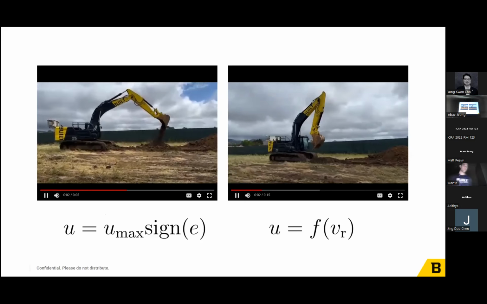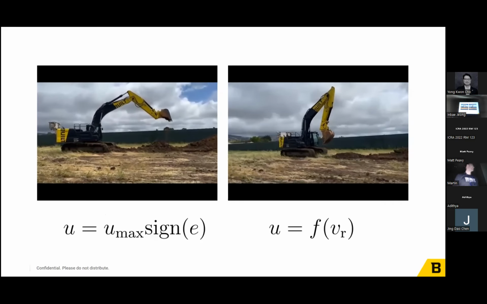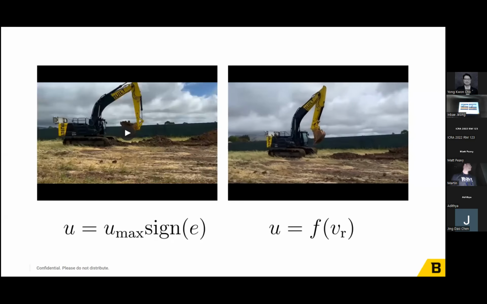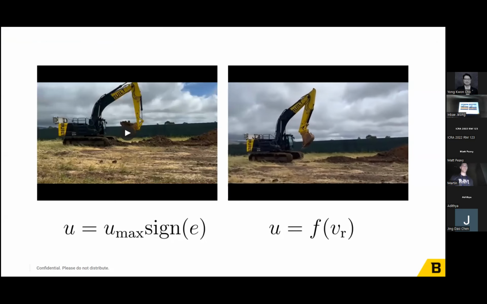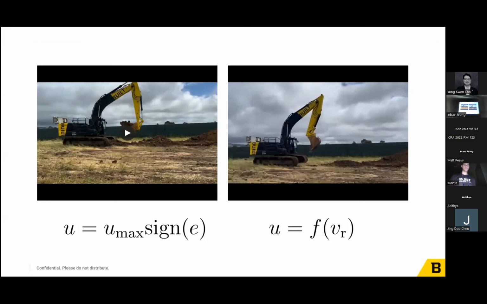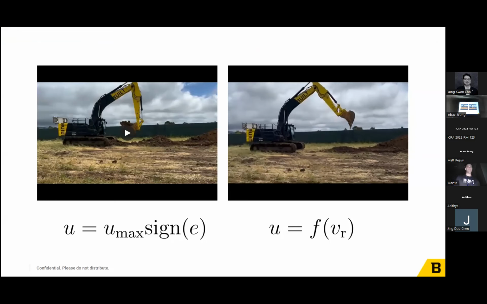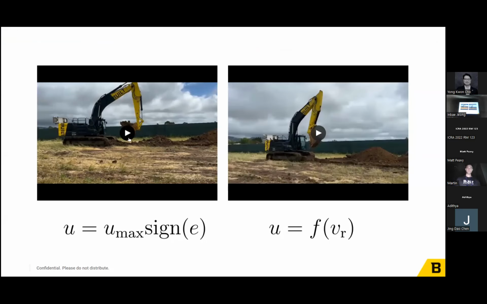So here I'm sharing 2 cases where we could get away with extremely simple controls. So on the left-hand side, I have used just a bang controller to control the bucket of the excavator. And this is only for the joint that rotates the bucket. So when we're going to dump, there is not too much performance requirement.